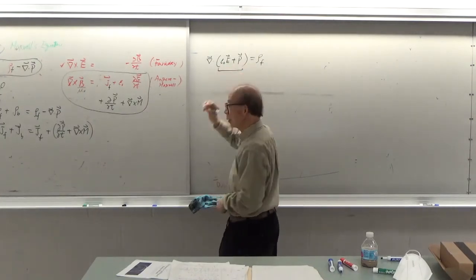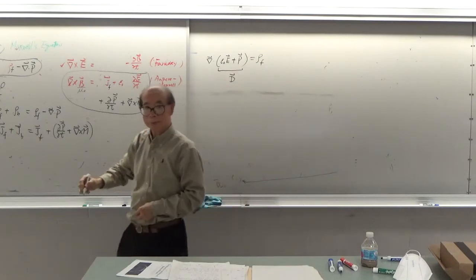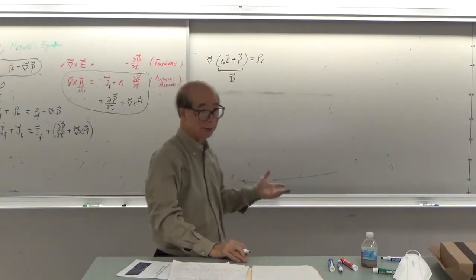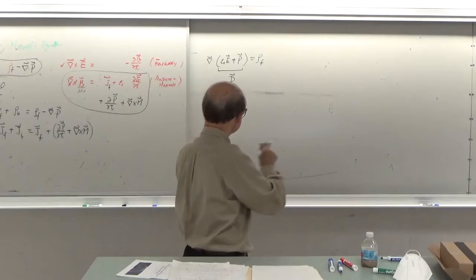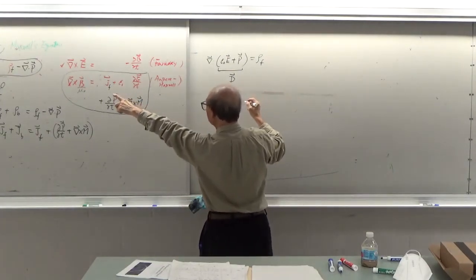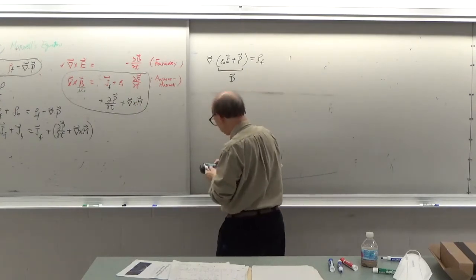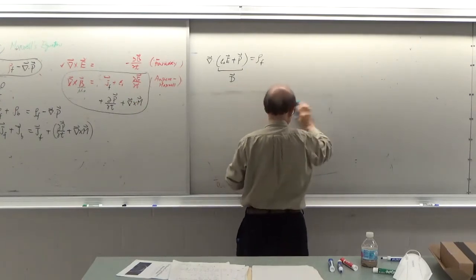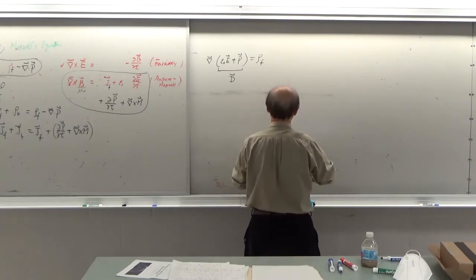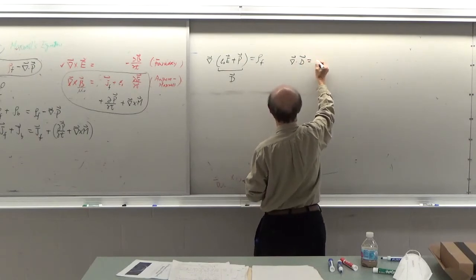This sum is denoted by the D vector. So that I can rewrite the first Maxwell's equation as divergence of D is rho f.